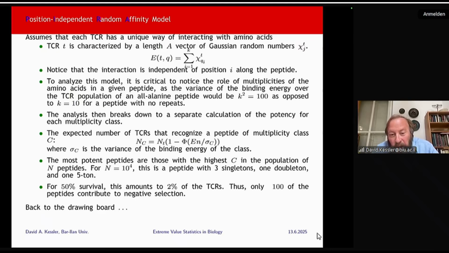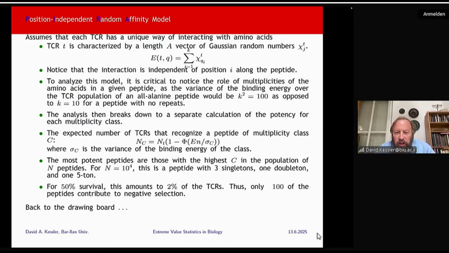When a peptide has no repeats, the variance is the sum of the variances, and each is 1 because these are standard Gaussian random numbers, since we don't care about the units anymore. We've gone into physics mode. But for an all-alanine peptide or any peptide with identical amino acids, the variance would be 10 times larger.